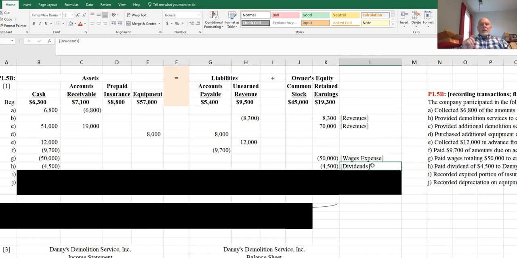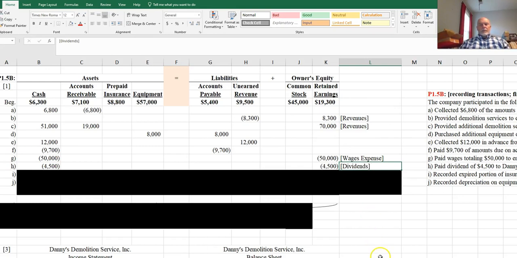Remember that dividends is a distribution of profit. It doesn't reduce profit, so we're not calling it dividend expense. It simply reduces how much of the profit we're keeping in the business. It decreases the retained earnings. So dividends is not going to appear on the income statement. It'll be taken care of on the statement of retained earnings.